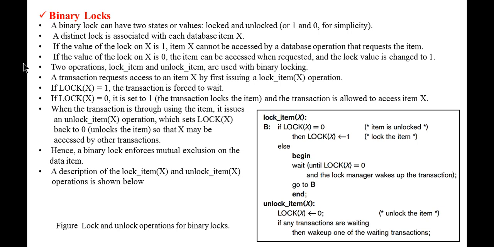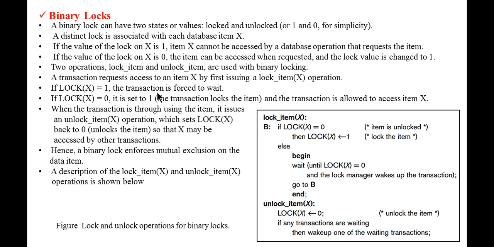If lock of x, the lock variable associated with the item x, is equal to 1, then the transaction is forced to wait, meaning the item x is locked by some other transaction. That's why the value of lock of x is equal to 1. Hence the requesting transaction has to wait until the item x is unlocked by the transaction which has acquired its lock.